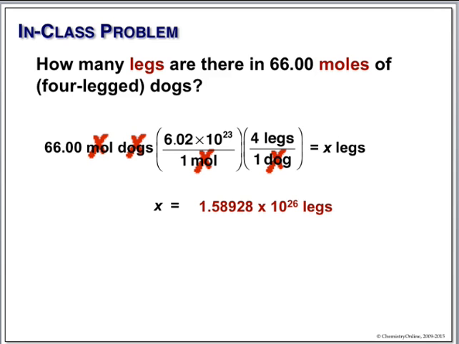We're dealing with 4 significant figures, 3 significant figures. We should round this to 1.60, or 1.59, sorry. All right, so that's the concept. We're simply going to use mole as a number, just like it was a dozen. So let's do a real problem.